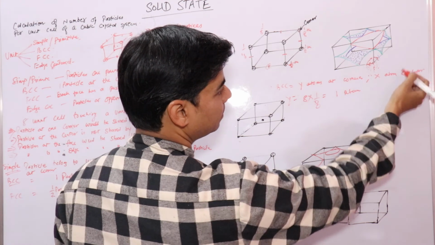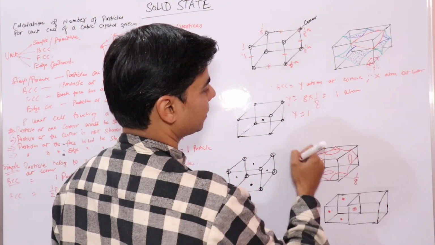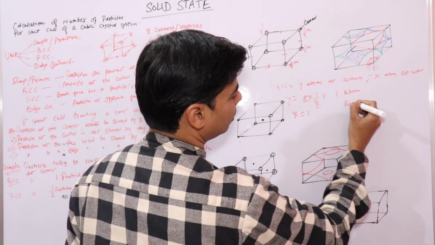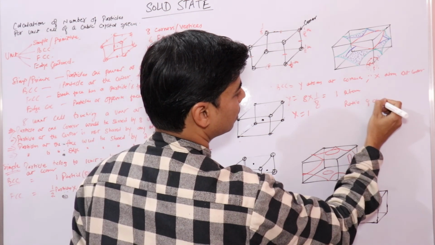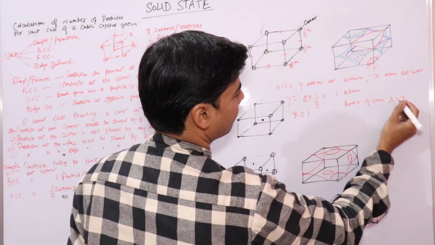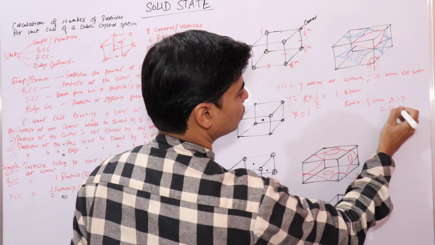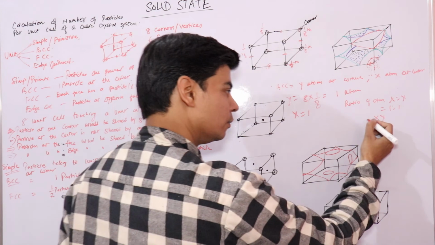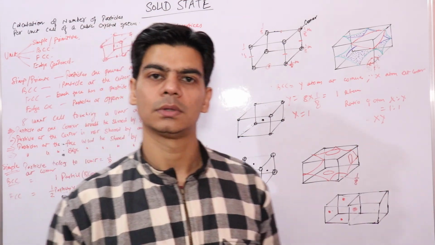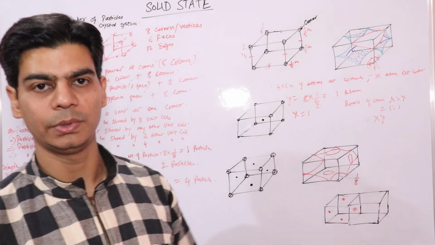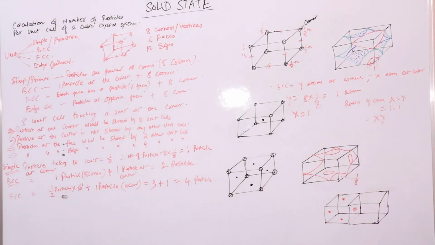And since there is an X atom at the center, that is 1 X atom. So the ratio of atoms X to Y is 1:1. The formula of the compound would be XY. So we say that the ratio of the atoms in a unit cell gives you the formula, or the stoichiometry, of the compound. I hope this is clear to you.